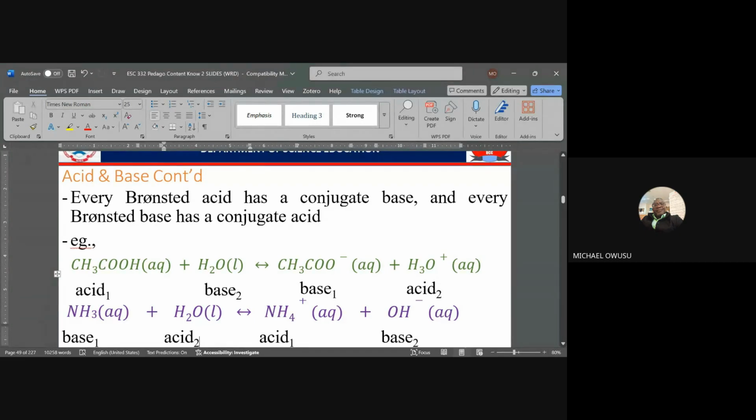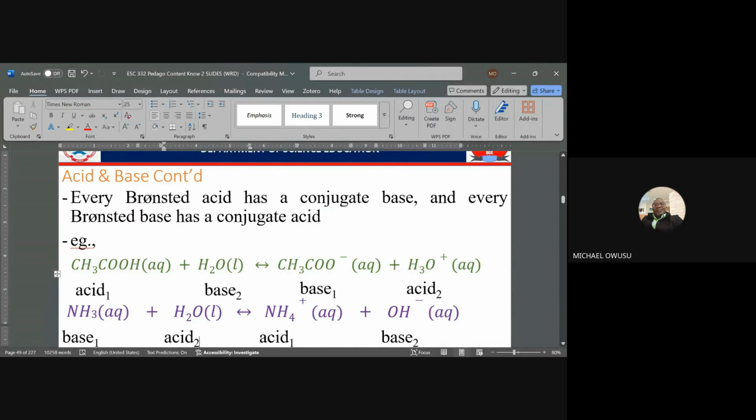In going forward, a base accepts a proton. So the ammonia is accepting a proton to become ammonium. The ammonia, which is accepting a proton, becomes a base, and its conjugate acid will be the ammonium ion. Then the water that is giving out the proton to the ammonia becomes an acid, and its conjugate base will be the hydroxide ion, that's the OH.